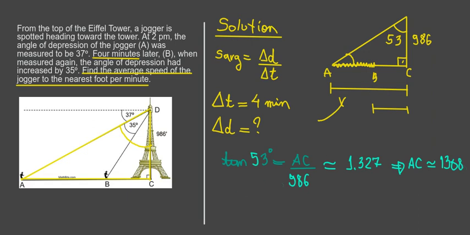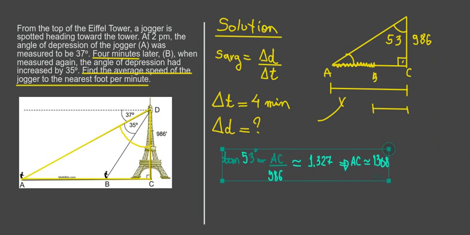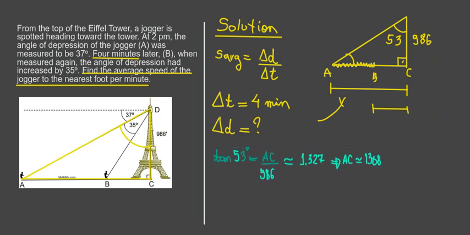Let me just reduce this here in order to gain more space. So 0.5 here. This is the measure of the side. But what we desire is this.